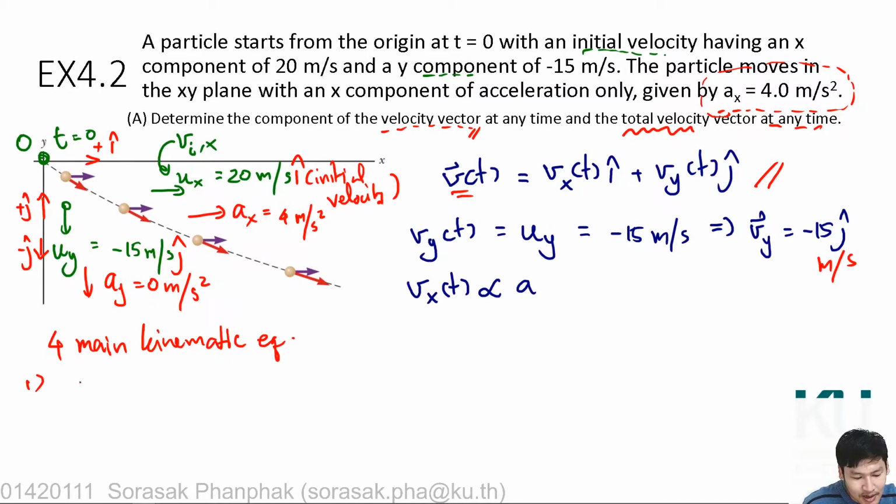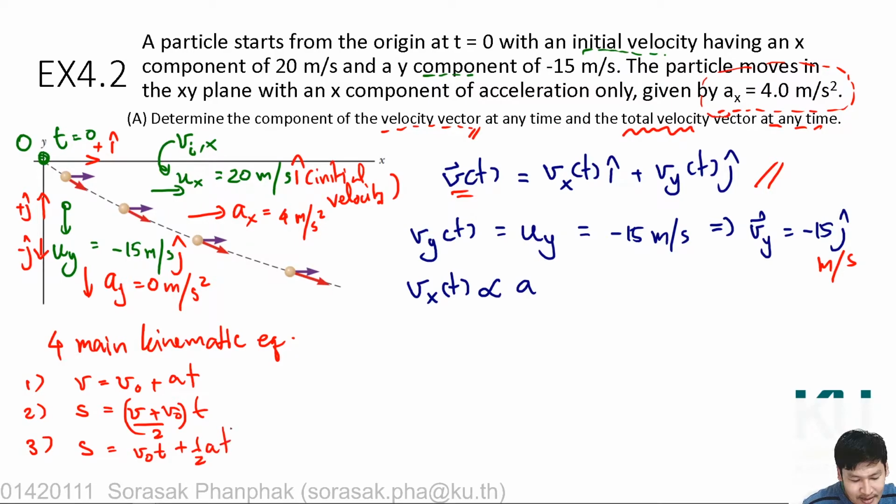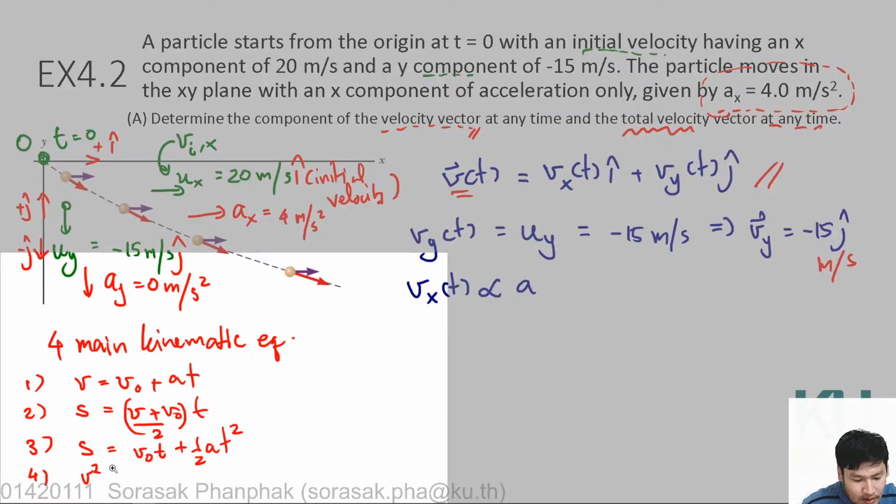The first one is v equal to v0 plus at. The second one, the displacement s equal to (v plus v0) over 2 multiplied by t. And the third one is s equal to v0t plus 1 over 2 at square.